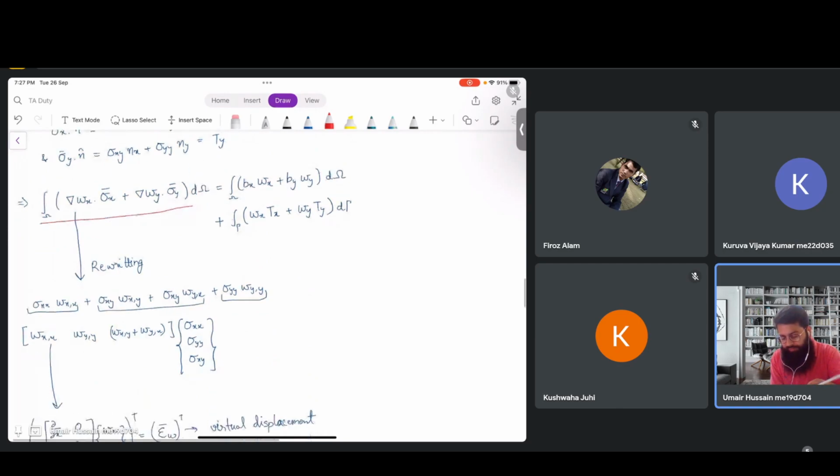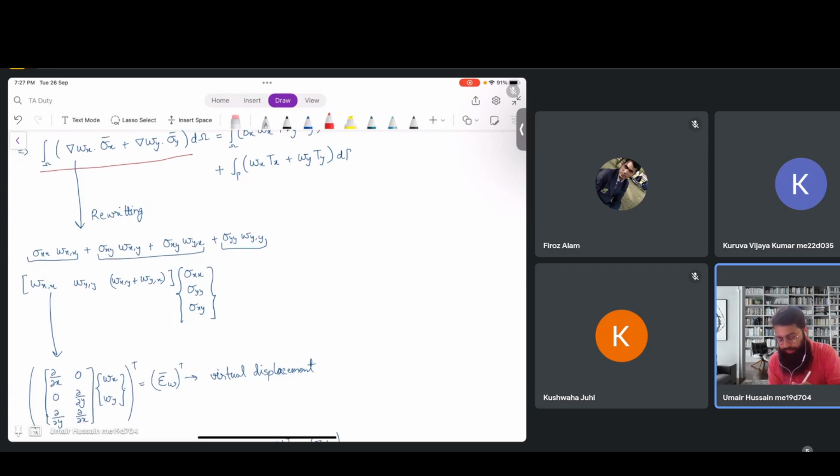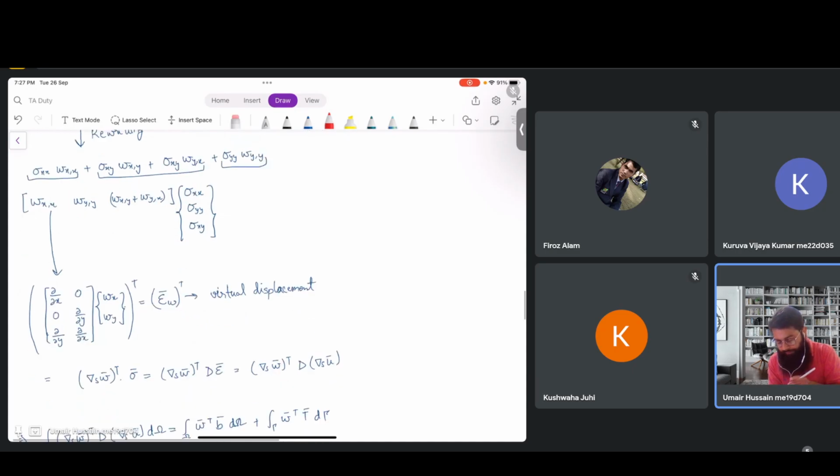If we take the gradient of the x component of the weight function, we will have these components wx comma x, wy comma y, and wx comma y. When we rewrite this term combined here, we can reduce it in this form, and finally we can represent the gradient of the vector weight function using the symmetric operator that we saw earlier.